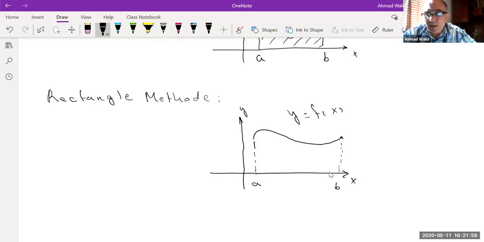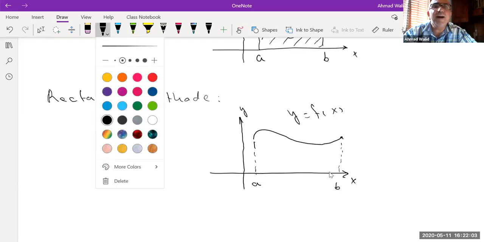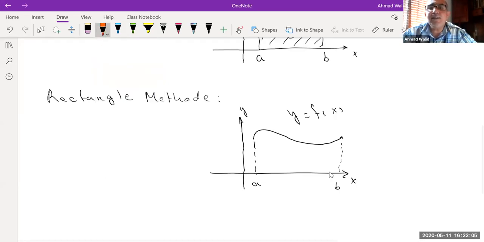How? At the beginning, we divide the area under the curve into equal rectangles. Equal means this side is equal, because it makes it easy for us to calculate. You can divide into different widths, but it takes a lot of time to calculate.